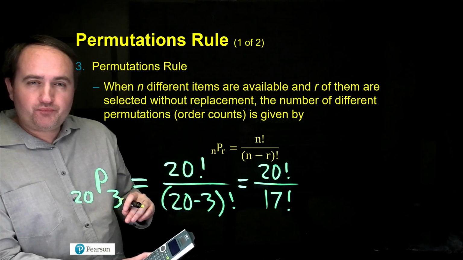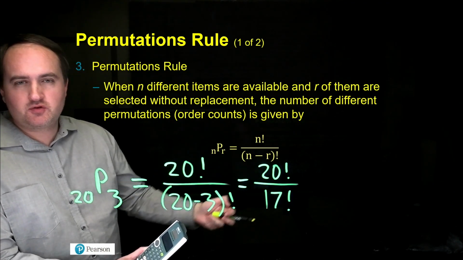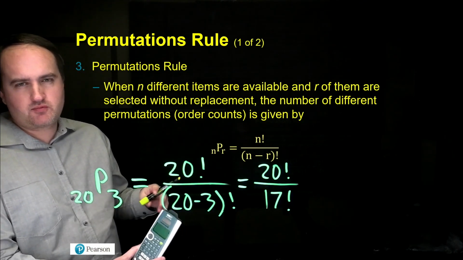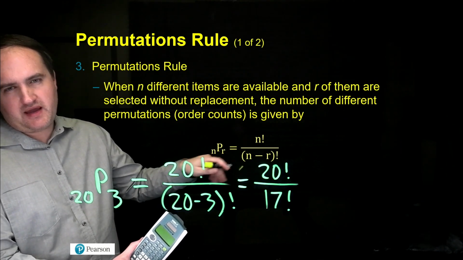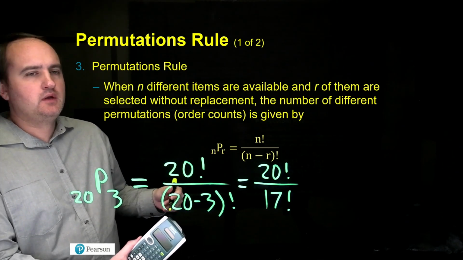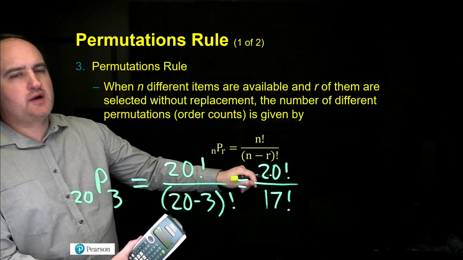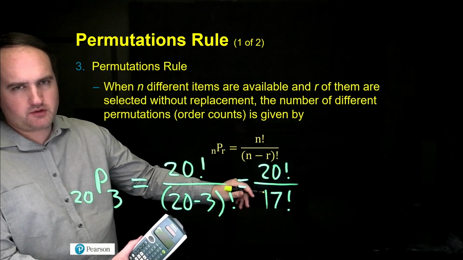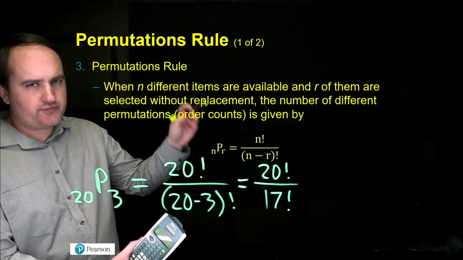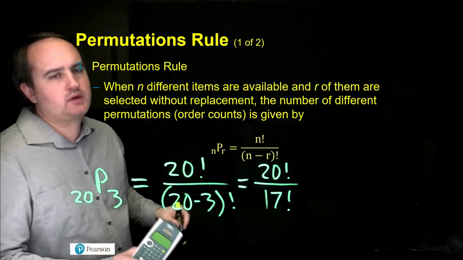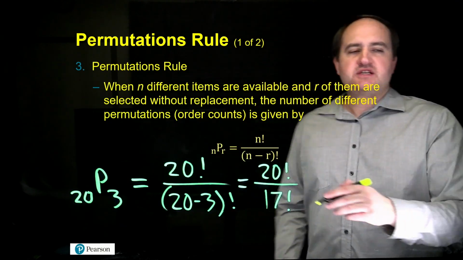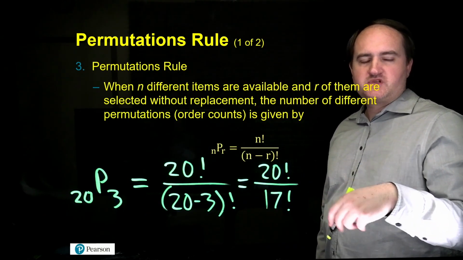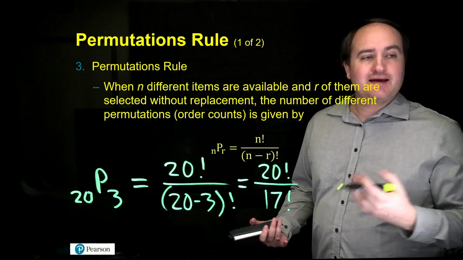Or if not, the other way people used to do these before they had calculators that would necessarily have a factorial button is you can start at 20 and you can count down until you get to 17 factorial and then cross out the 17 factorials.